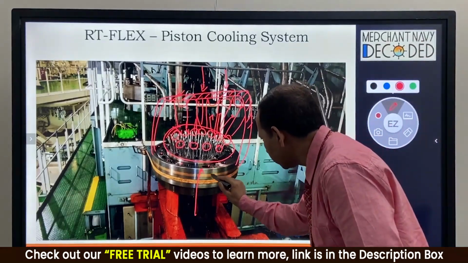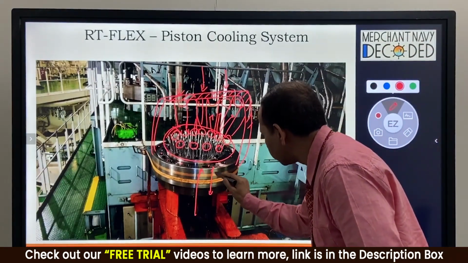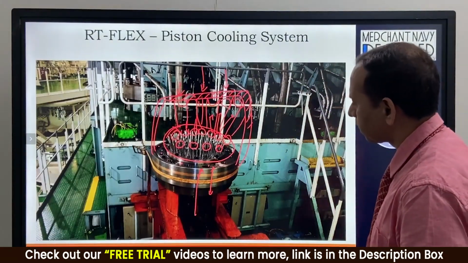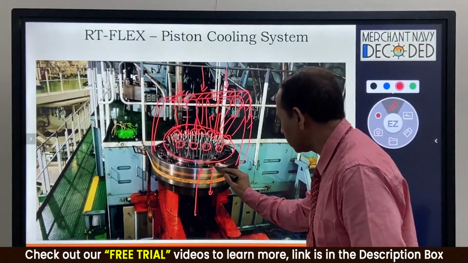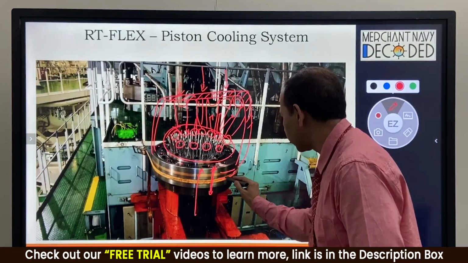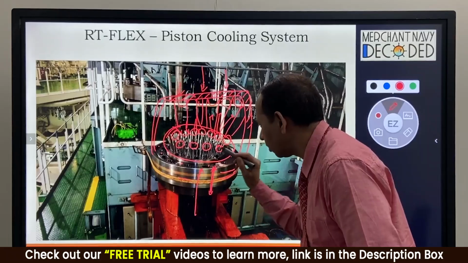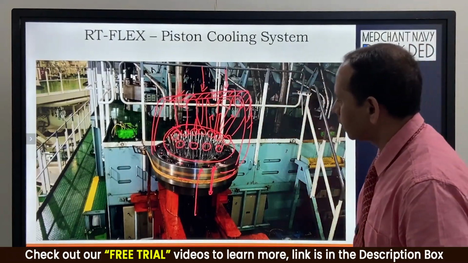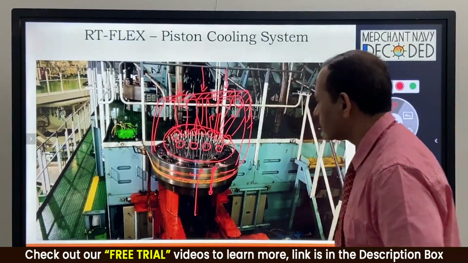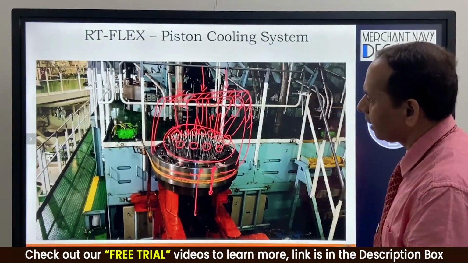Then this portion is called the skirt of the piston. This is the second piece of the composite piston in the MNDFLIX engine. This is the skirt, and these are the soft rings which are embedded on the skirt, made of very soft material, bronze, and this is just serving as a guiding ring.